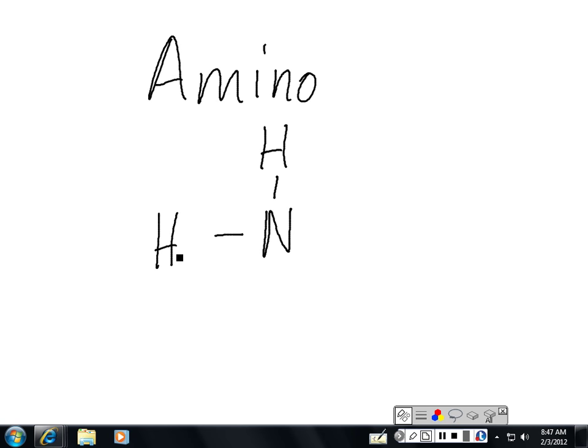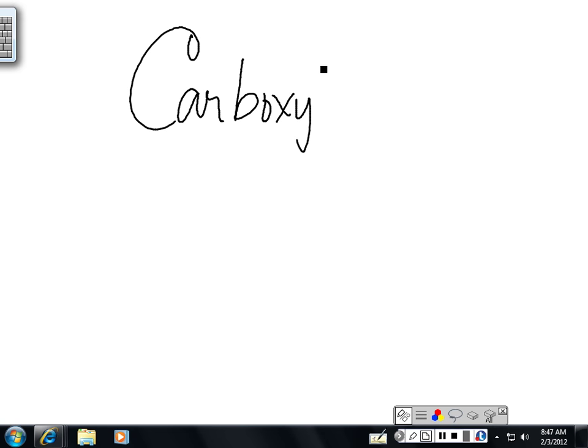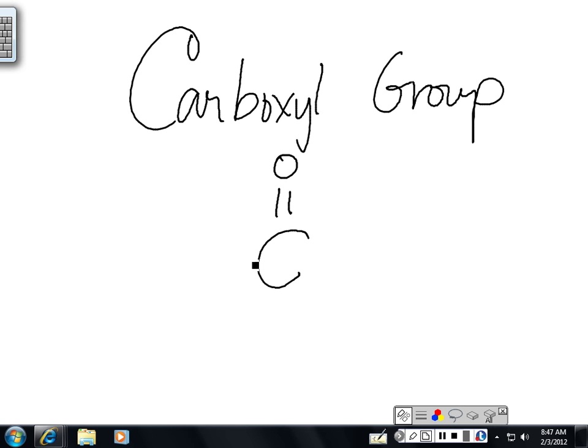And then finally, we have a carboxyl group. Let's grab one more sheet of paper and draw the carboxyl group, and that's a C double bonded to an O with an OH group.